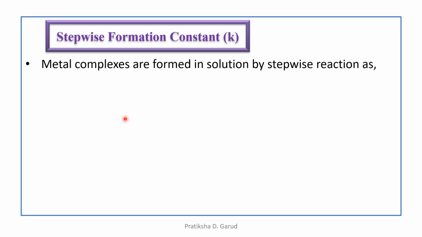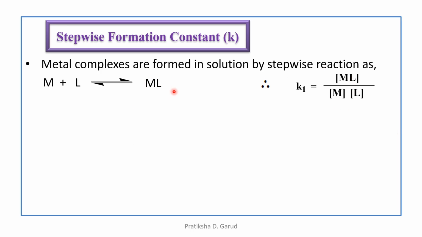The metal complexes are formed in solution by stepwise reaction as follows. We have a metal and a ligand, one metal and one ligand. They give the formation of a complex, that is ML, right? Therefore the constant K1 equals the concentration of the product, ML, divided by the concentration of the metal and the concentration of the ligand. So this is the constant K1.